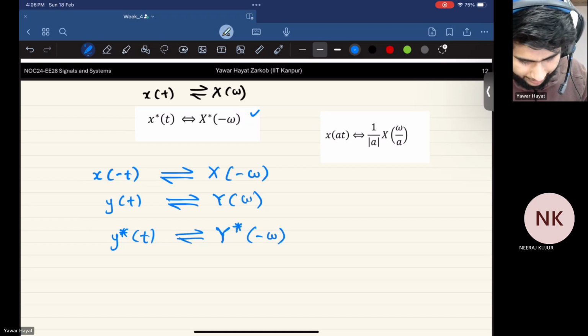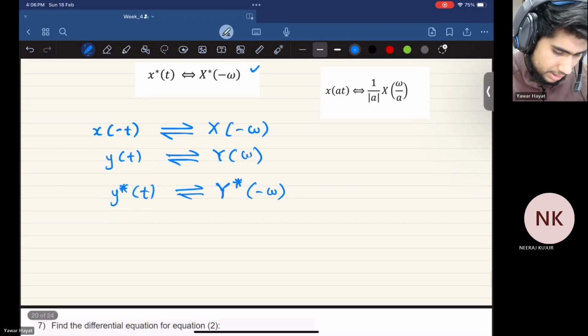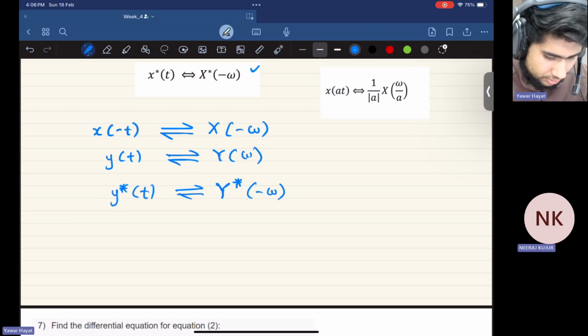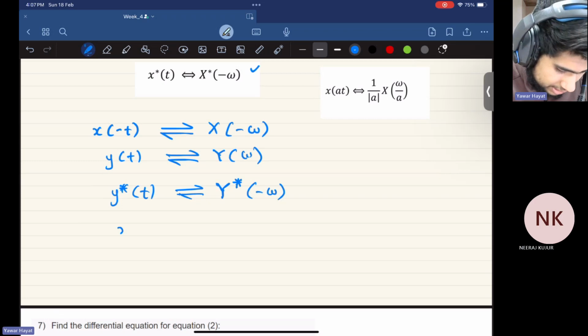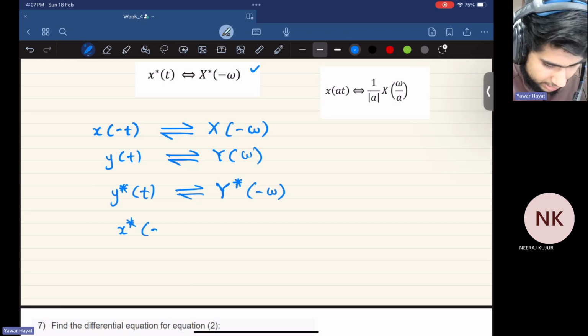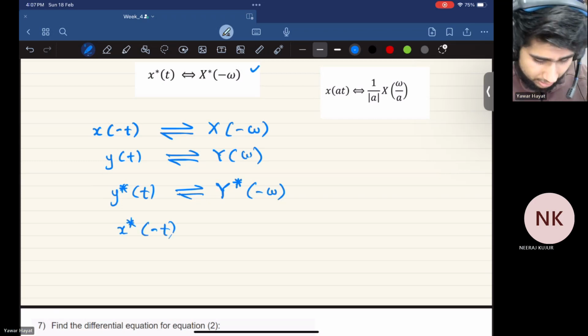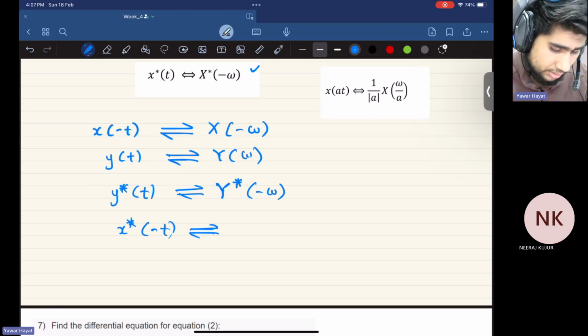But y of t was x of minus t, right? So this essentially is conjugated x of t, and y of omega was x of minus omega.